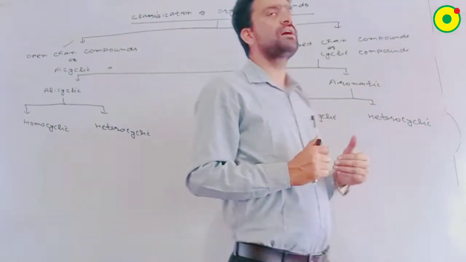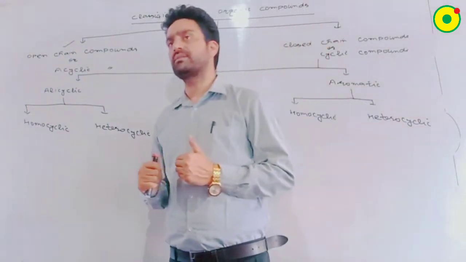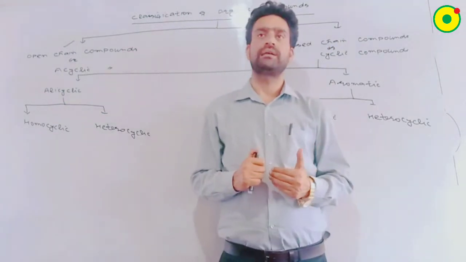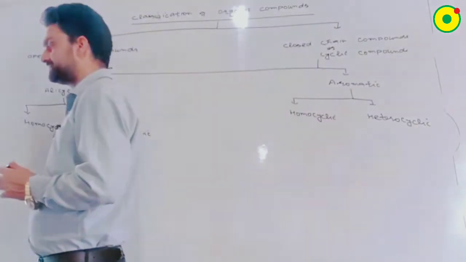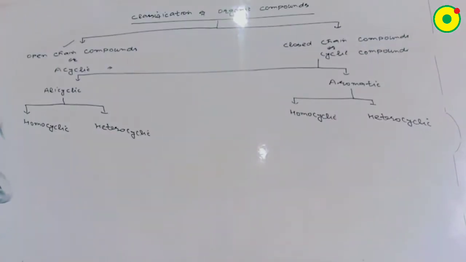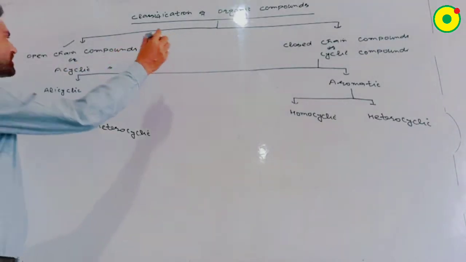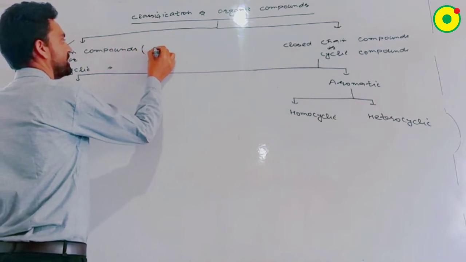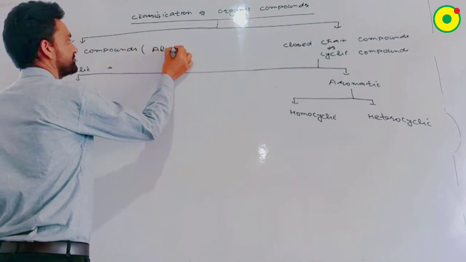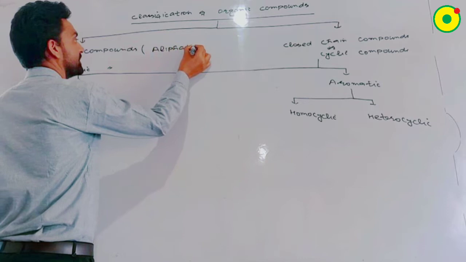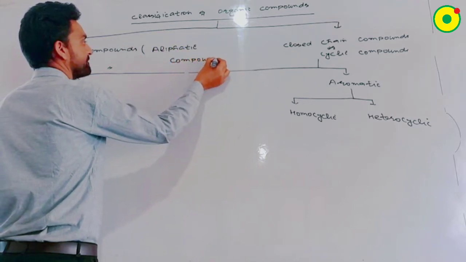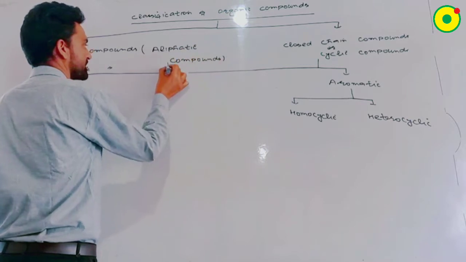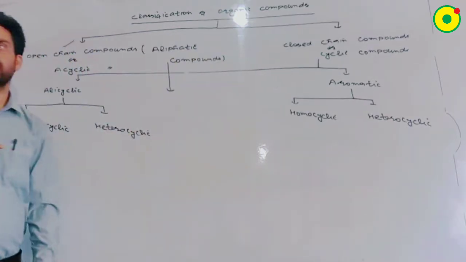इनका दूसरा नाम है, इनको एलिफैटिक कंपाउंड्स भी कहा जाता है. They are also called aliphatic compounds. Write it down. They are also called what compounds? Aliphatic compounds. For example, let me take an example. A few examples are this.